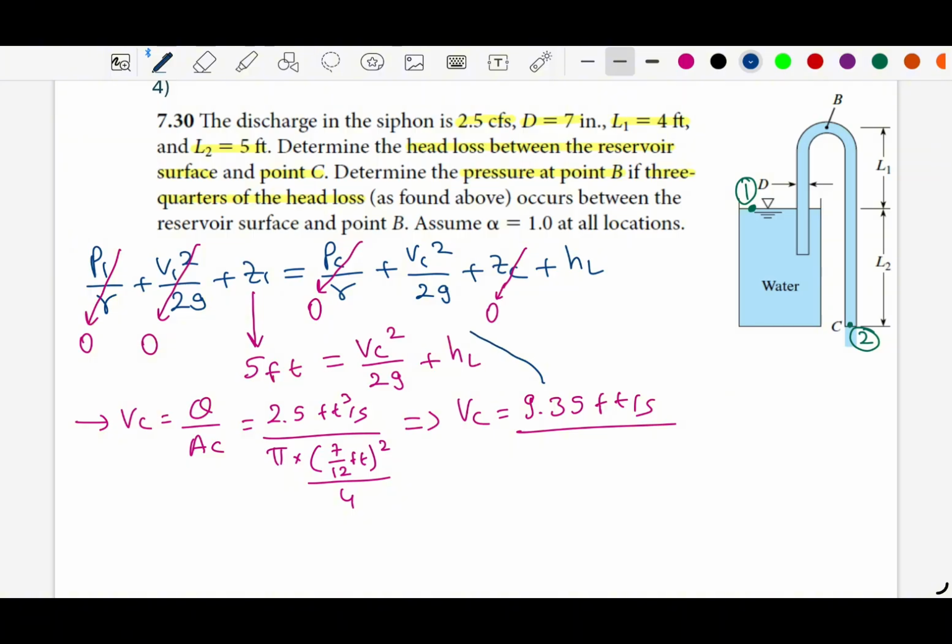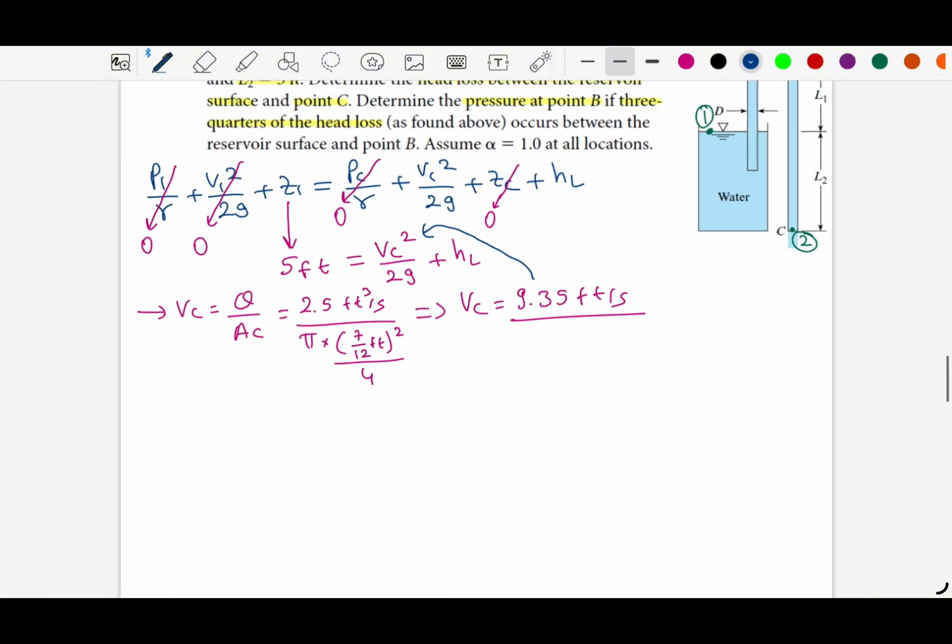And if we use this value here, head loss will be equal to 5 feet minus 9.35 square over 2 times 32.2 feet per second square. So this gives head loss as 3.64 feet.